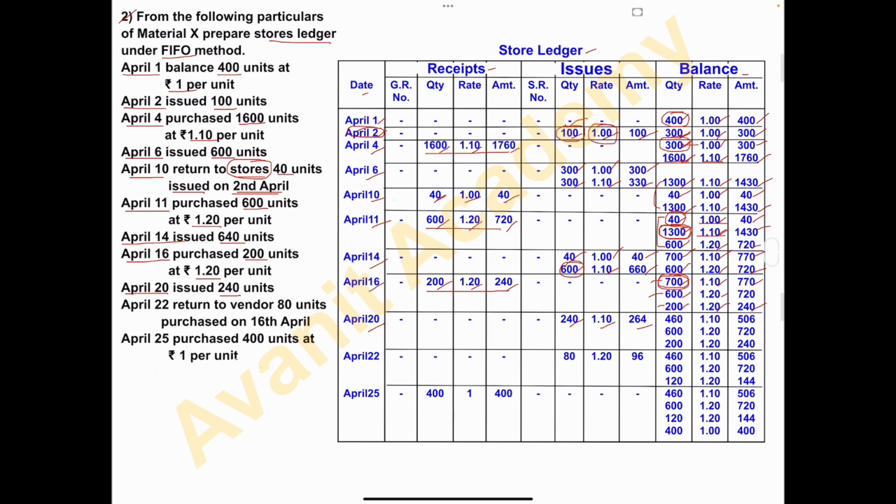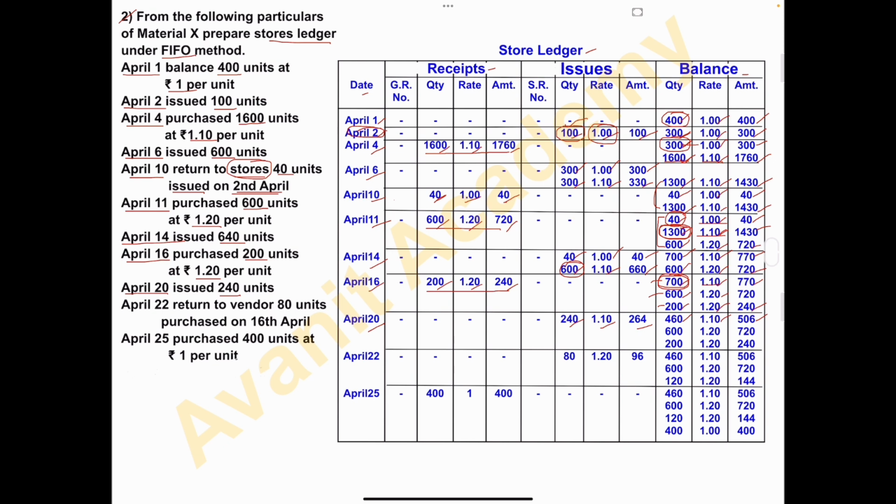We'll write the balance. From this first purchase, from the 700 we have issued 240. So how many units are left? 460 units, and the rate is same, 1.10. 460 into 1.10, and the amount is 506.